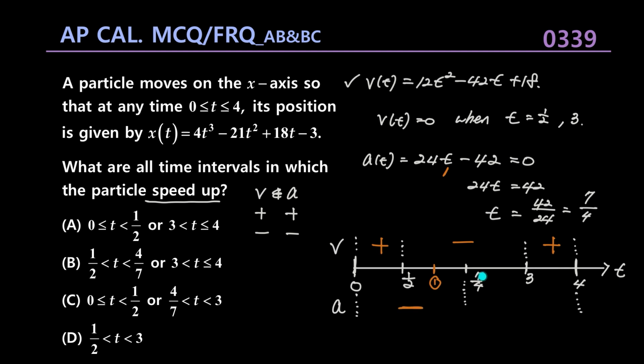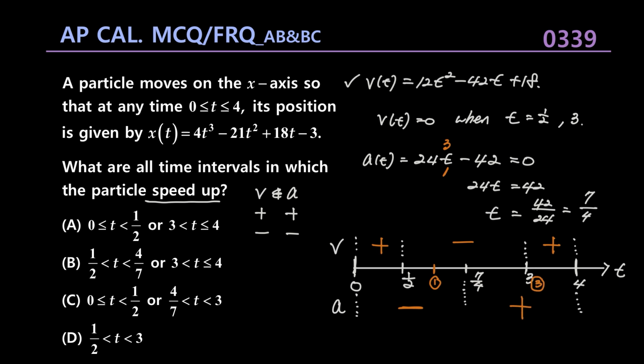In this interval, let's substitute 3. If we substitute 3 here, that's going to be 72 minus 42, that's positive, right? So that's going to be positive here.